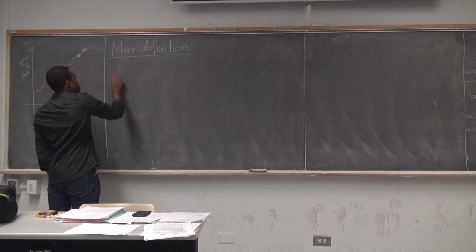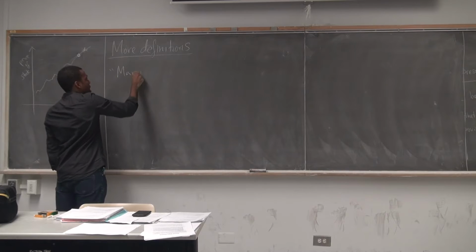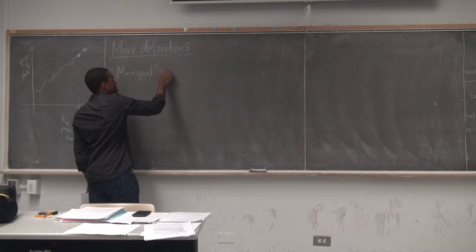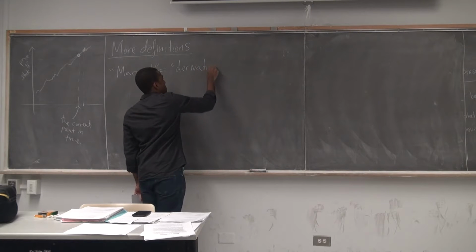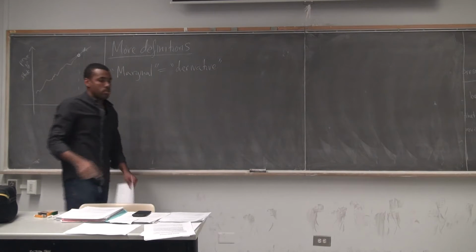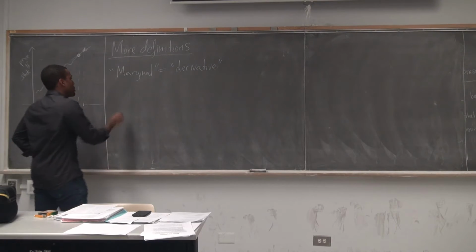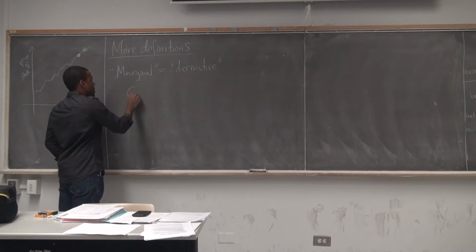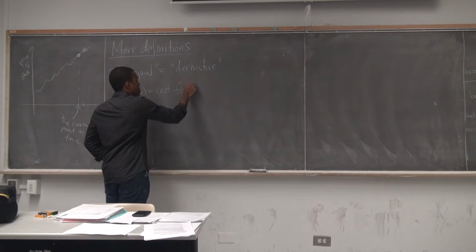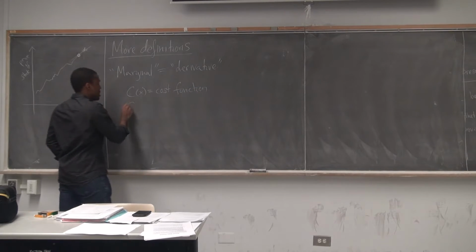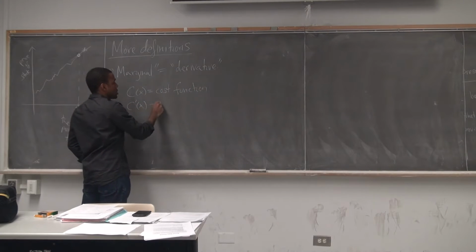Okay, so by the way, you can think of marginal as meaning derivative. Right, you can kind of use those words interchangeably. So for example, if C of x is a cost function, then C prime of x is the marginal cost function.